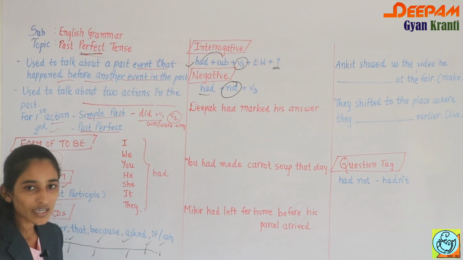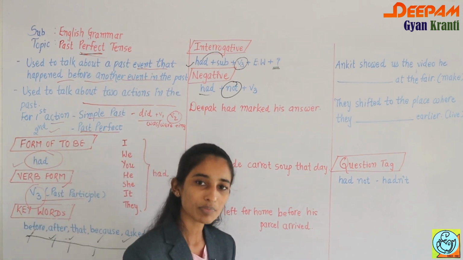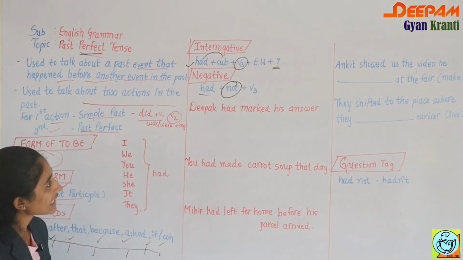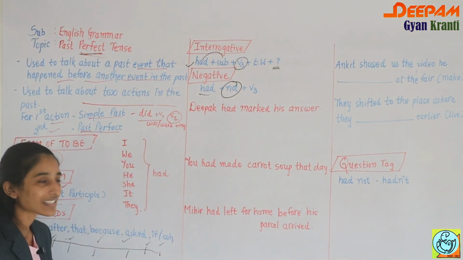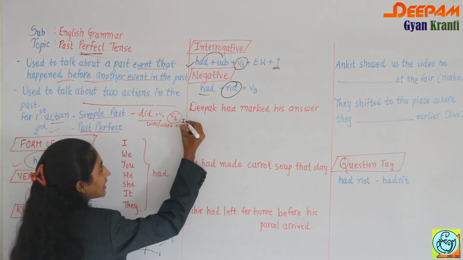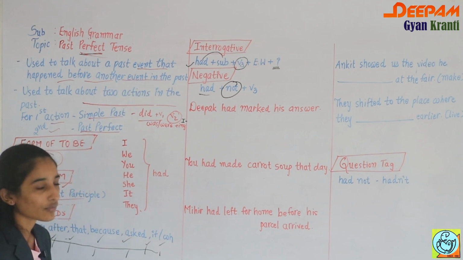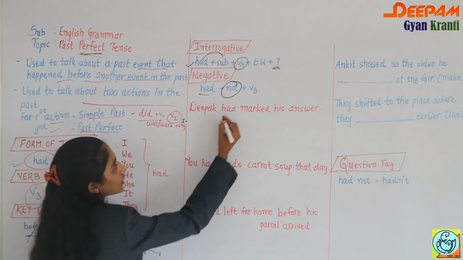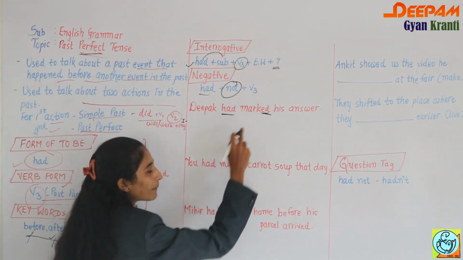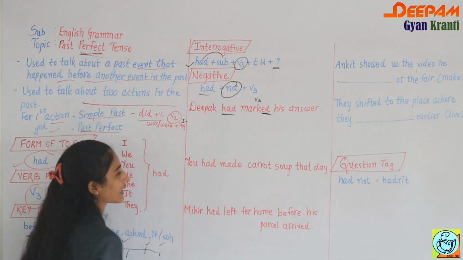Okay, now let's check some examples, so that with the help of examples the concept is clear in your mind. So I have the first sentence: Deepak had marked his answer. First of all we will change this sentence into interrogative. First of all, check which tense is here. Had is given to you, and with had, marked. Mark is the main verb, but marked is V3, or we can say past participle.